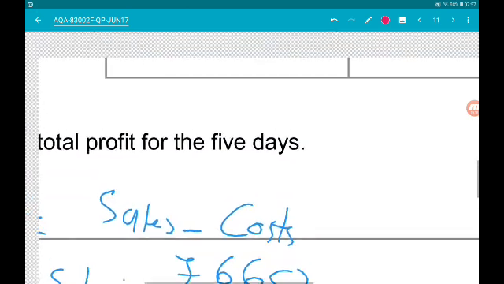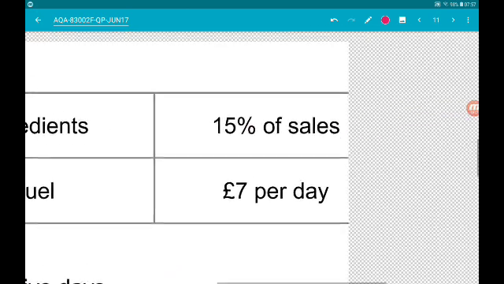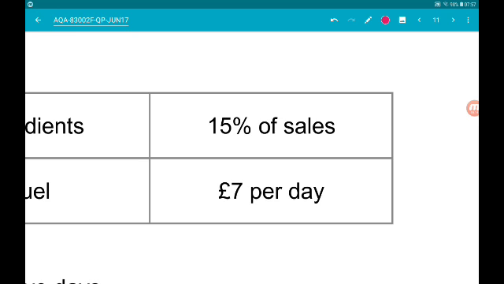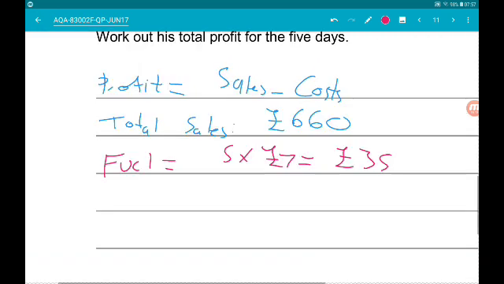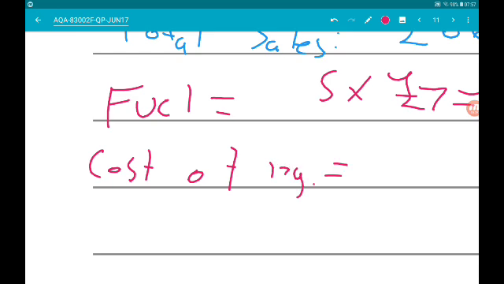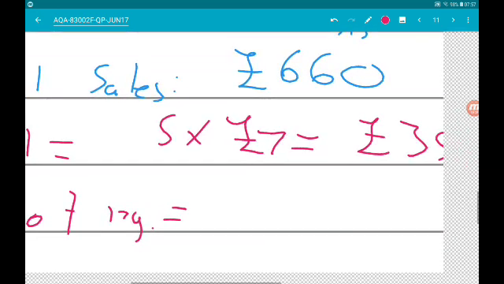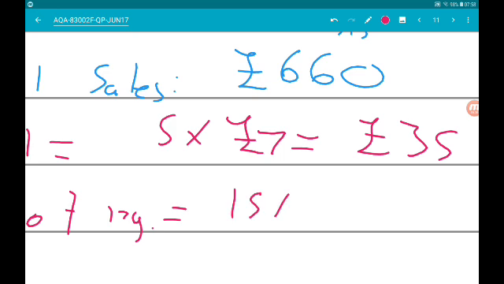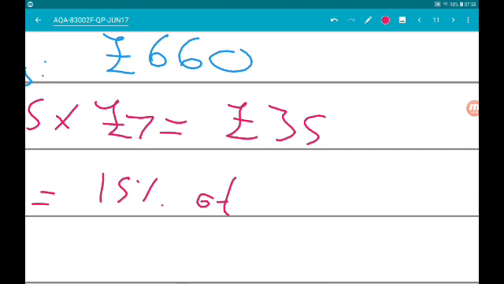Now we know his ingredients cost 15% of the sales. So the cost of ingredients is 15% of £660.